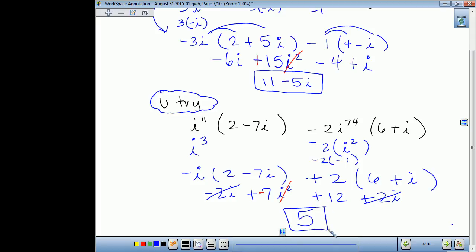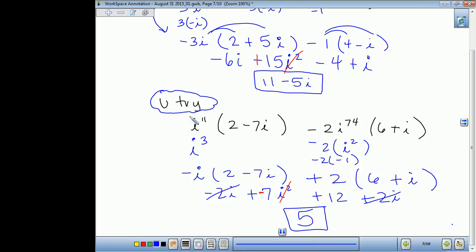Negative 7 plus 12 is 5. All right, I got the answer. The answer's 5.